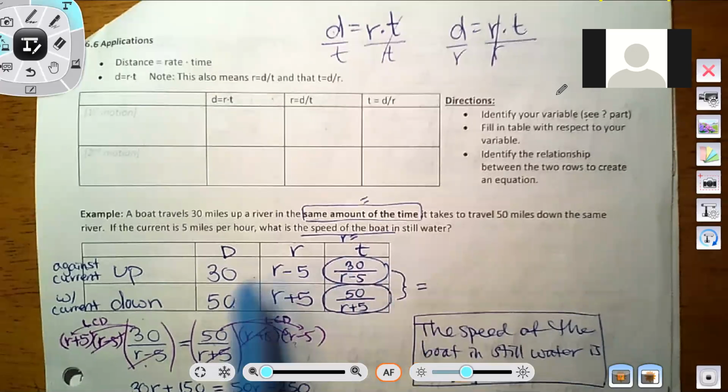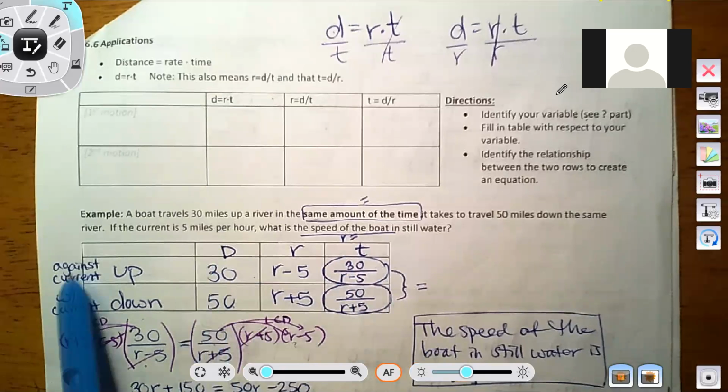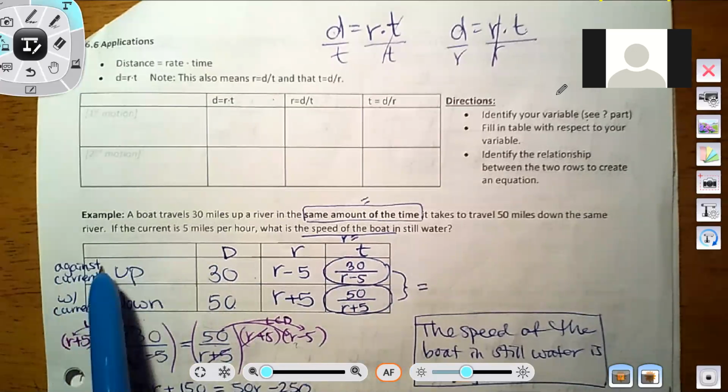So I fill out this table for both scenarios. So this one is about going against the current and with the current. So when you're going against a current, your speed is being slowed down by the current. But when you're going with the current, it's helping you go even quicker.